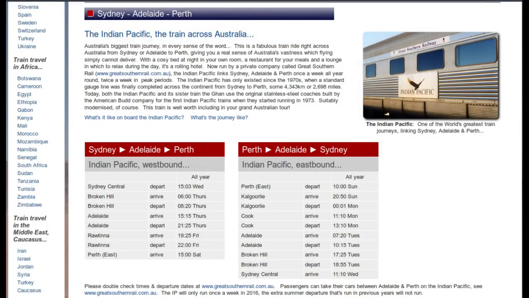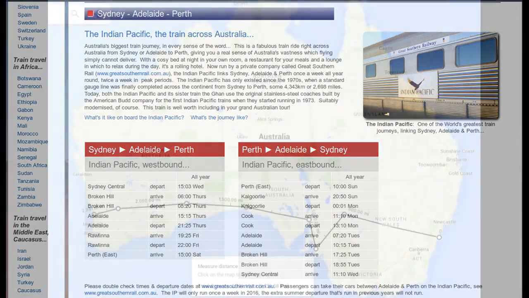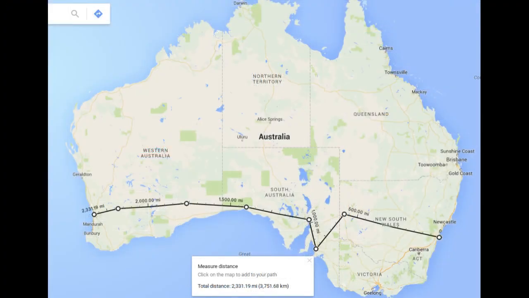Now, we're going to be looking at the Sydney to Perth route, which has the fewest amount of stops. It could go vice versa, but either one. It goes from Sydney to Adelaide to Perth. Now, I did a quick mapping on Google.